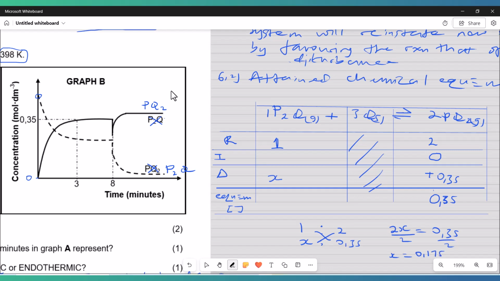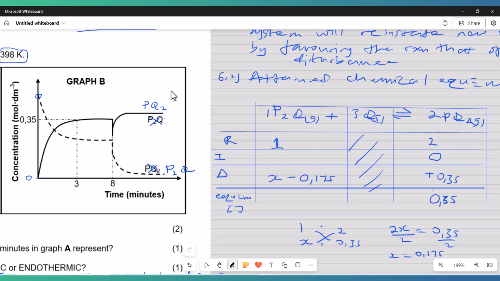Now this is concentration, don't forget. Because it is a reactant, it must be a minus here: minus 0.175. Now because I'm looking for the initial moles, I need to put something here.